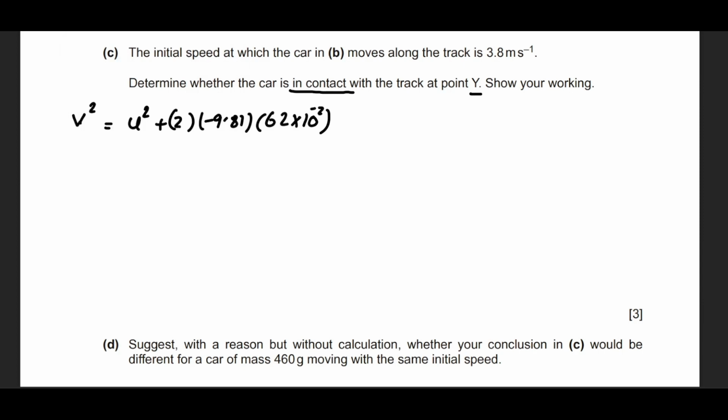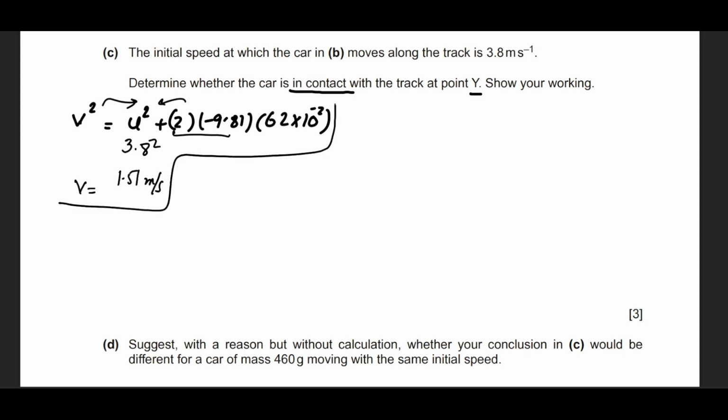So this is our initial velocity, which was given to us as 3.8 squared. When you take the square root of the other side, and of course this is going to subtract from this value, this comes out as 1.51 meters per second. So when the object is at the location y, it must be moving at 1.51 meters per second.